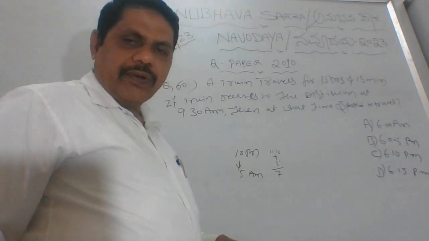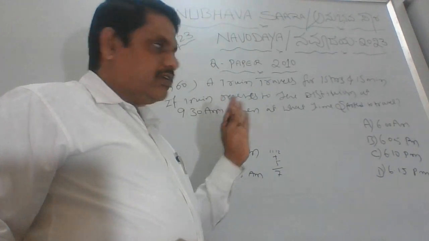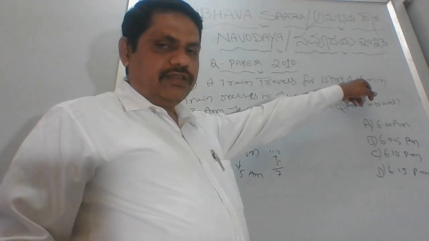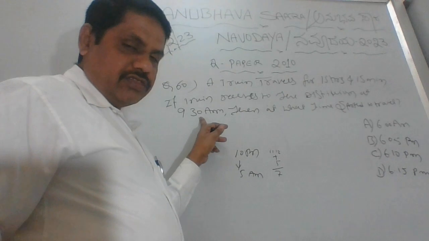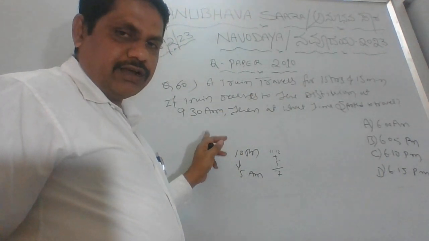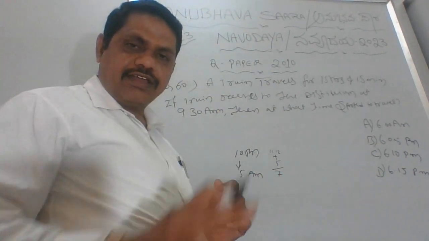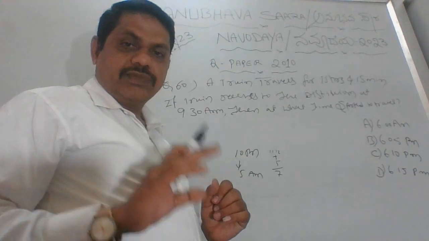So this is how the calculation is simple. But here it is not like that. Here he has given 15, and again here 30 a.m. and 15 minutes. That means here is the 15 minute confusion, where you won't have a straight calculation to do. That is the problem here.